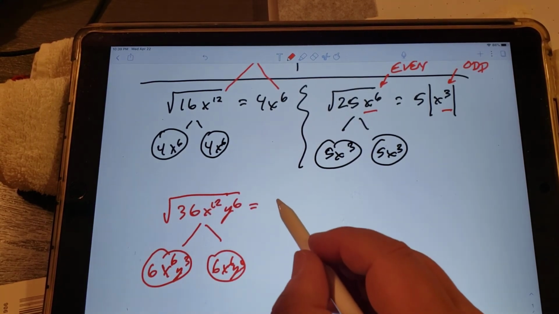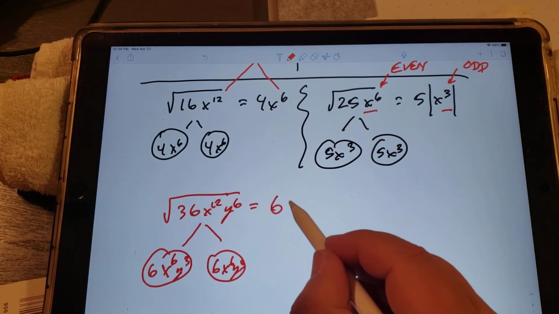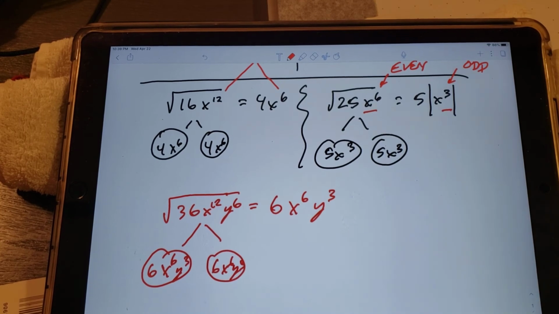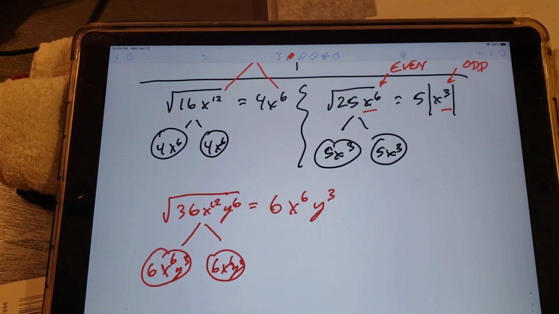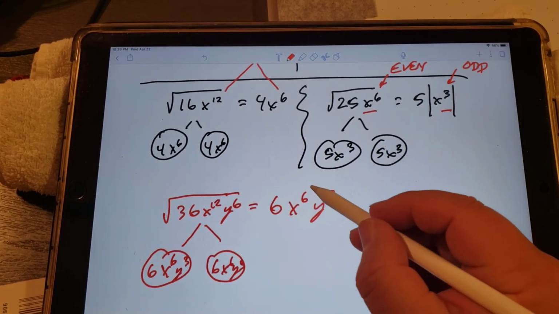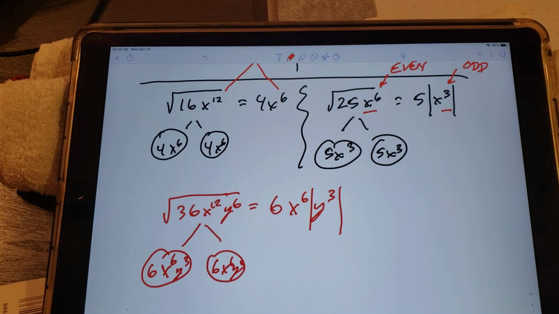Got a little sloppy down there, but I'll try to draw a little neater here. 6x to the 6, y cubed. Now, do you see which single factor needs the absolute value? It's just this one, because that's the only one that started even and finished odd.